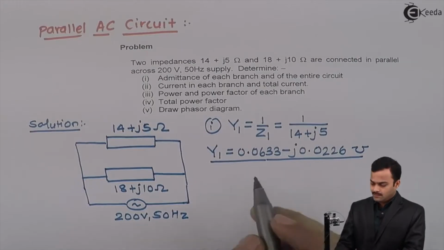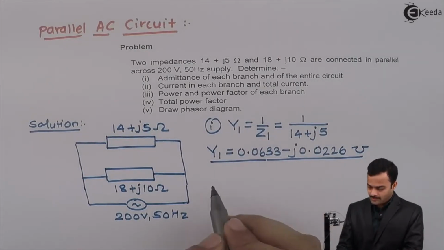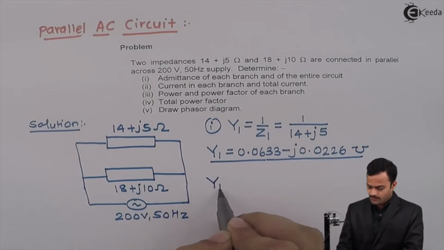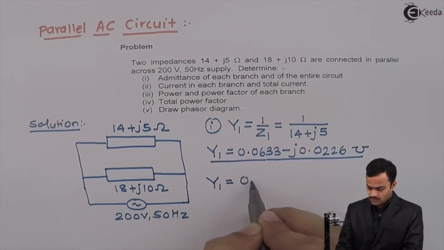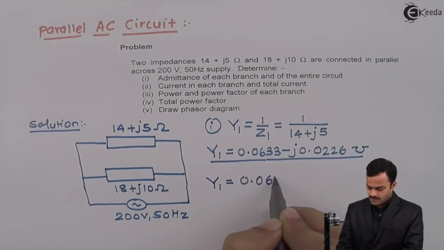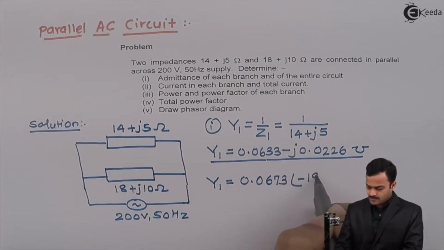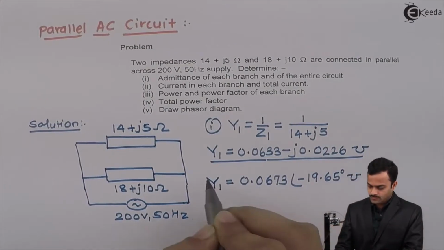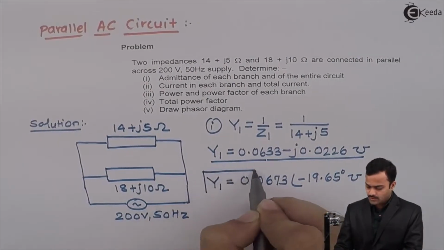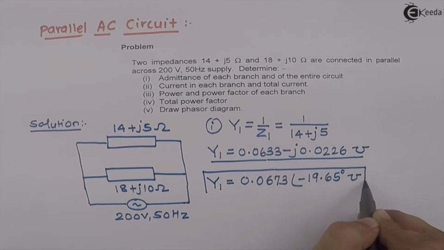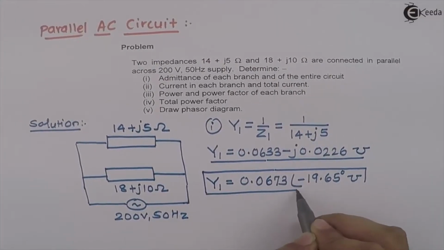We can get a polar form of Y1 also. The polar form of Y1 equals 0.0673 at an angle minus 19.65 degree mho. Henceforth, we will be using the polar form of Y1.